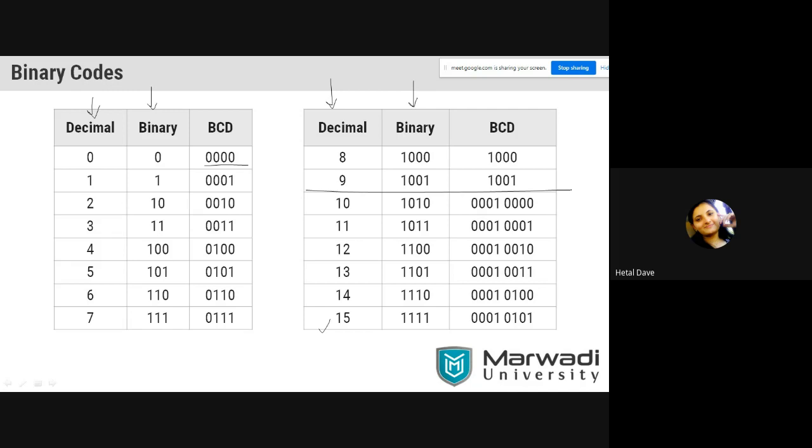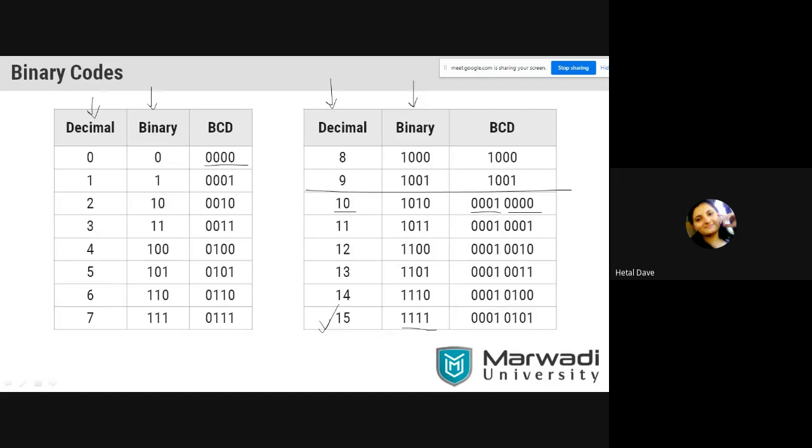Binary and BCD are the same, but after 9, you can observe the binary number equivalent to 10 is 1010. And what is the method of BCD? We consider each digit separately and we have a 4-bit code for each. So 1 is 0001 and 0 is 0000. Likewise, the last digit, decimal 15: its equivalent binary is 1111.